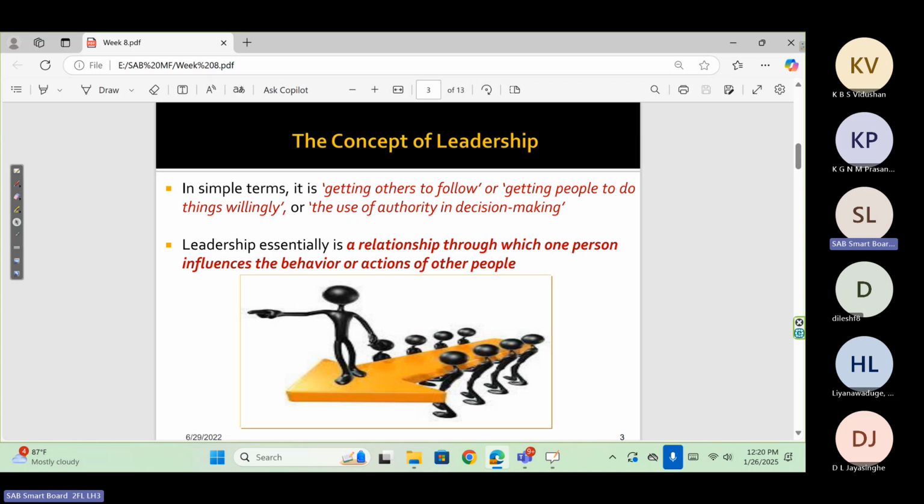Leadership is a competency used to influence others, to get the task done from them, and developing relationships with them, as per the situation.